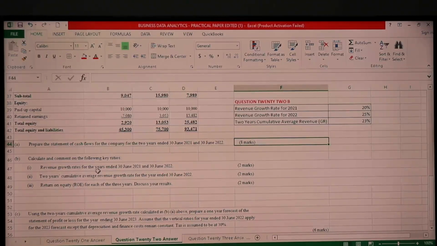Just compute first the return on equity. I'll just give you the formula. The return on equity will take the net profit divided by the total equity, multiplied by 100. You can formulate that worksheet and do something.